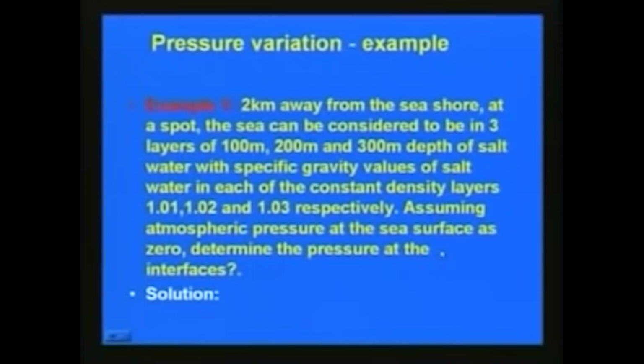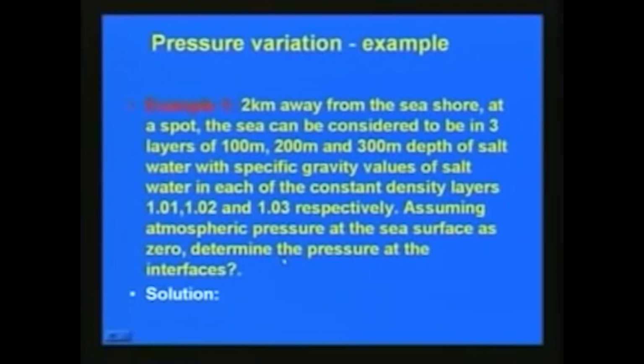The problem statement is the first example: 2 kilometer away from the seashore at a spot, the sea can be considered to be in 3 layers of 100 meter, 200 meter and 300 meter depth of salt water, with specific gravity values of salt water in each of the constant density layers as 1.01, 1.02 and 1.03 respectively. Assuming atmospheric pressure at the sea surface as 0, determine the pressure at the interface.